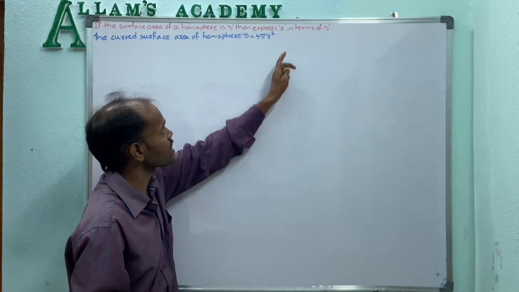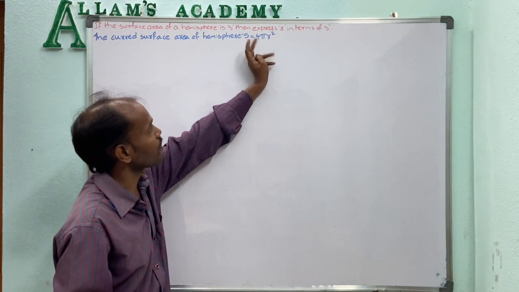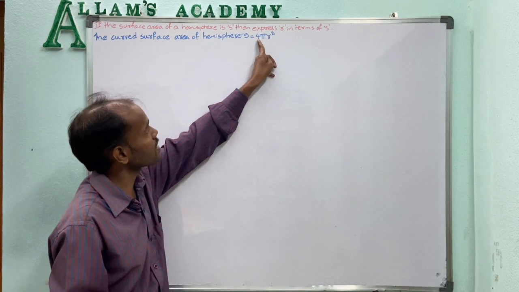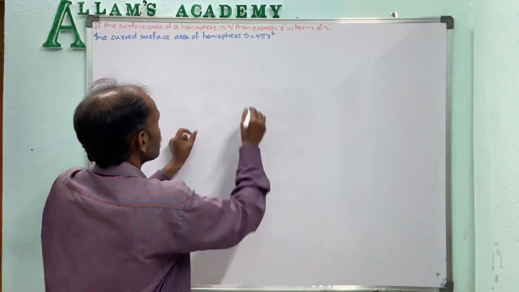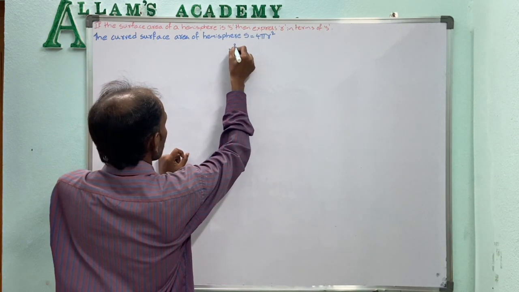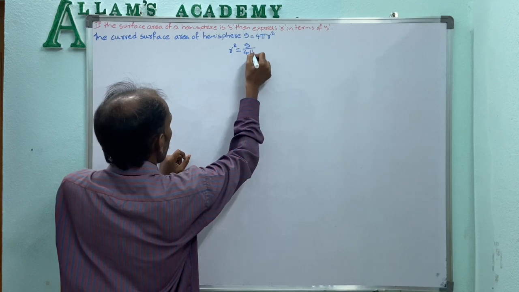Now we have to express R in terms of S. For that purpose, this multiplication by 4 pi is transferred to that side, which is division. So R square equal to S by 4 pi.